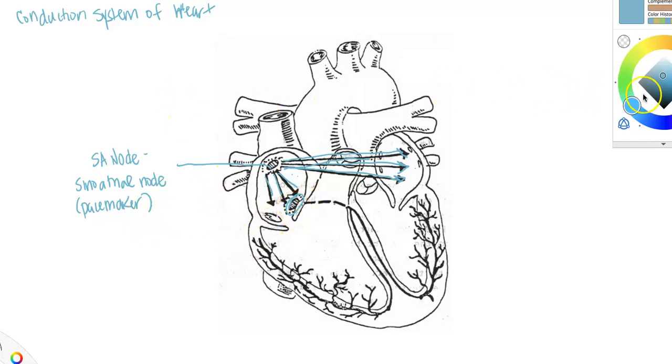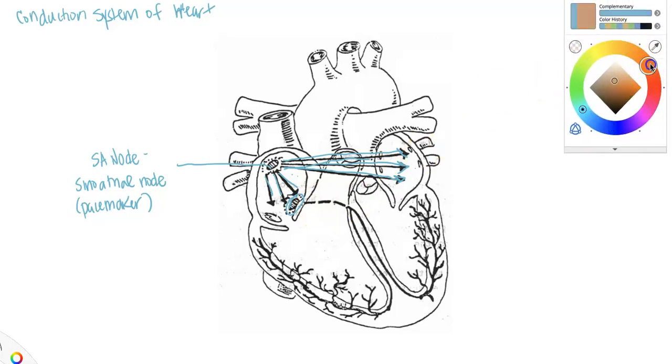So this node here is called the AV node, or the atrioventricular node.